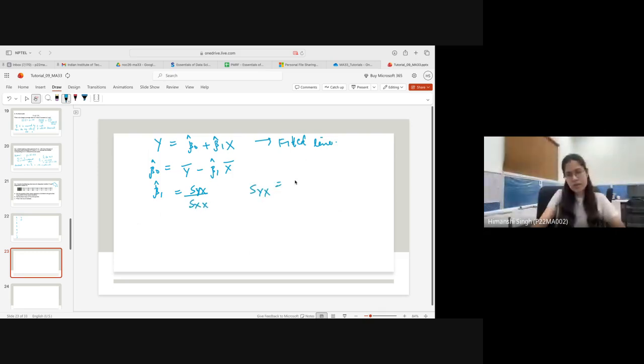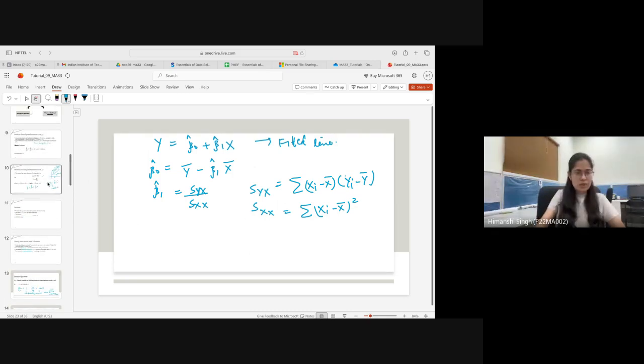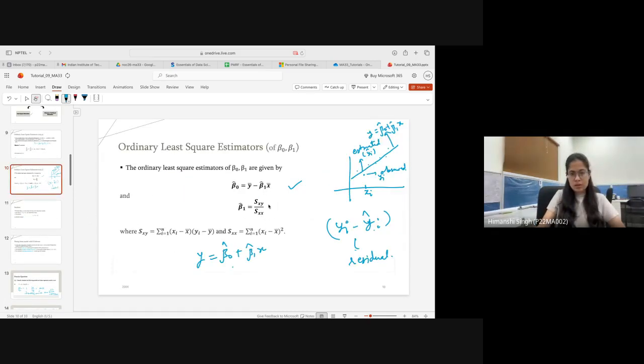It is summation of xi minus x bar multiplied by yi minus y bar. And Sxx is summation of xi minus x bar whole square. So beta 1 hat is Sxy over Sxx.